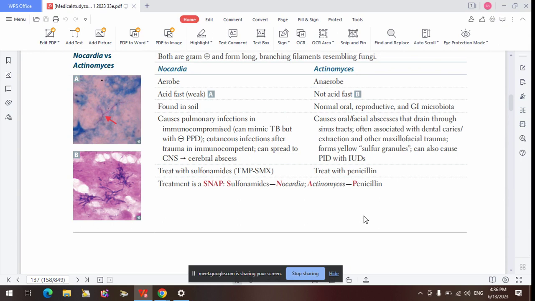Yes, it's part of PID, but it's not like a complication. You get what I'm saying? Salpingitis, endometritis. It's just like you telling us PID again. So what will those now cause?